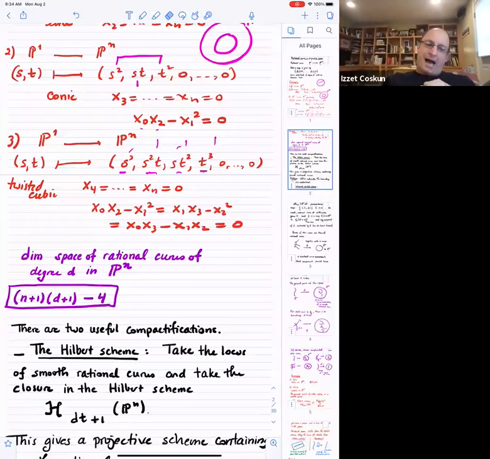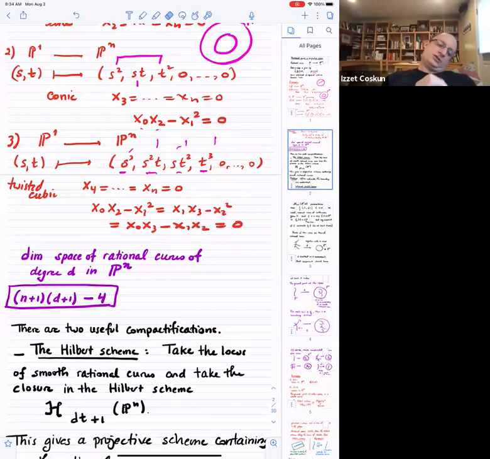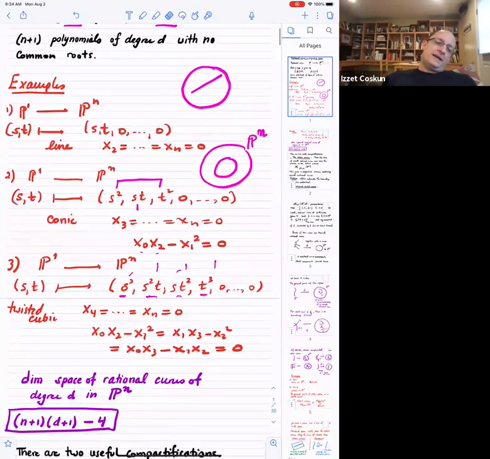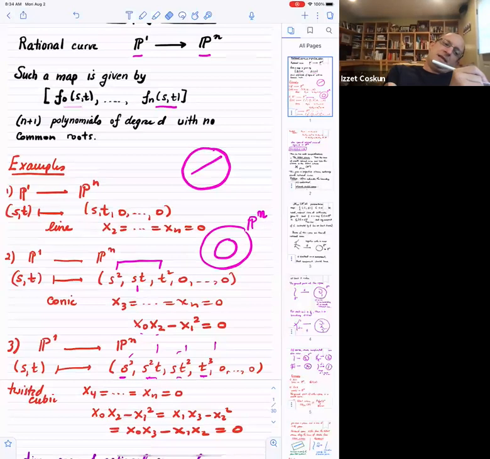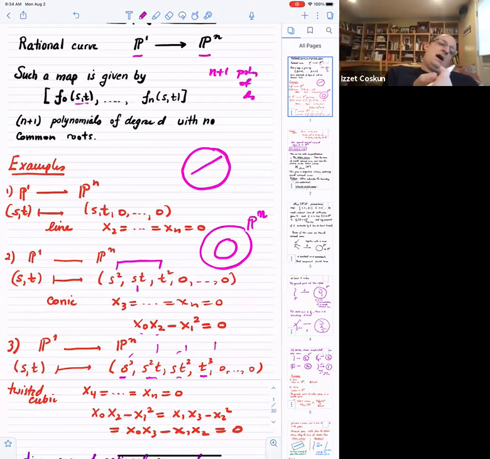All right, so we can count the dimension of the space of such maps, right? So at the end of the day, what is this data? I need to give you n+1 polynomials of degree d. These are in coordinates s,t. Well, what's the dimension of the space of polynomials of degree d?